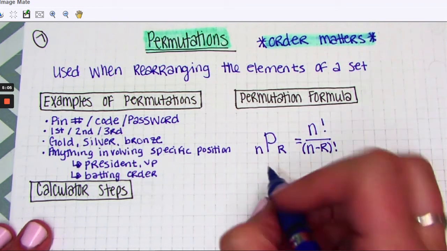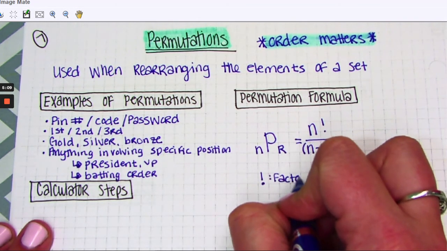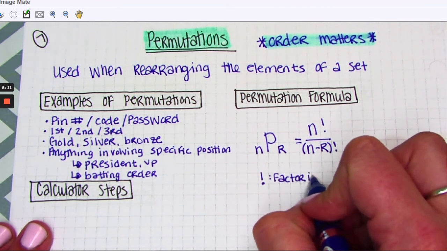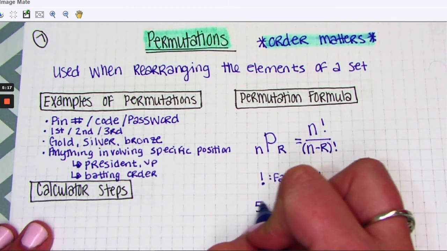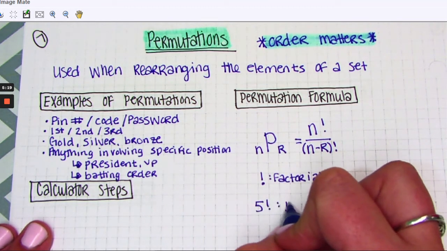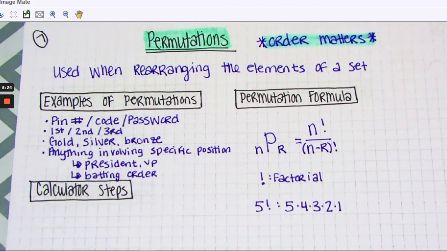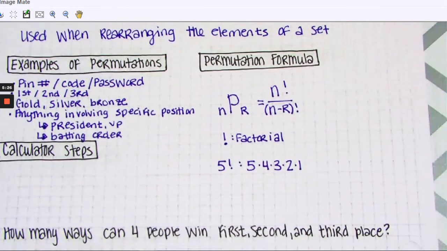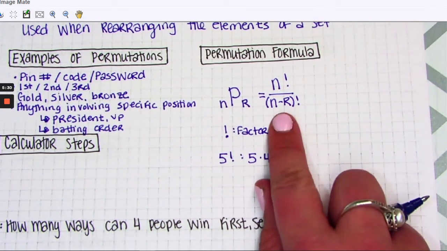So remember, a factorial is multiplying. For example, 5 factorial is the same thing as 5 times 4 times 3 times 2 times 1. That's what a factorial does. Your calculator does all of these things for you. It will type this in itself.